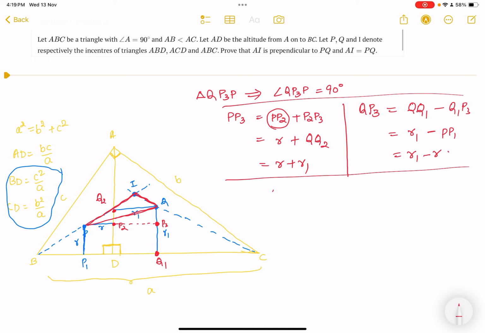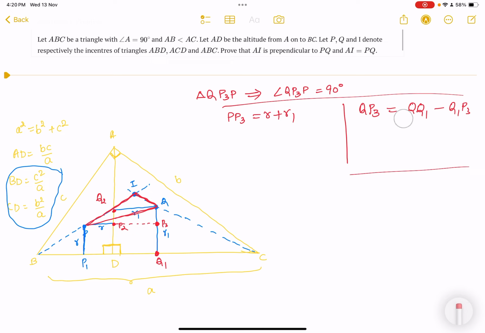Now let us redraw the figure here. So I'll summarize these things. PP3 is R plus R1 and QP3 is R1 minus R. Alright.